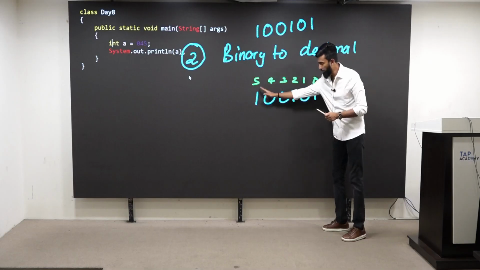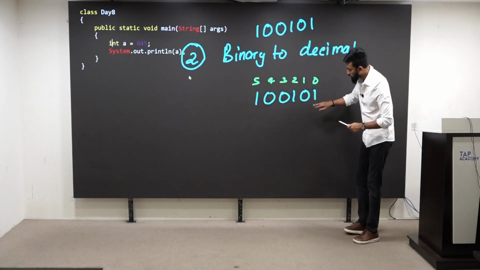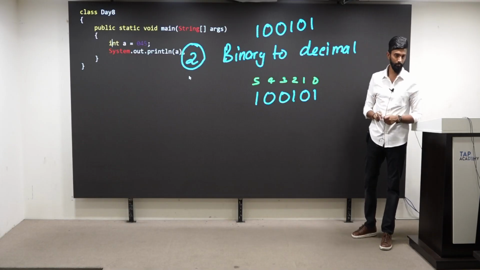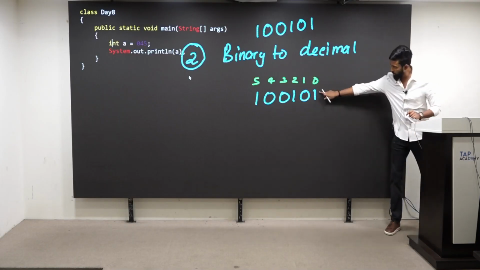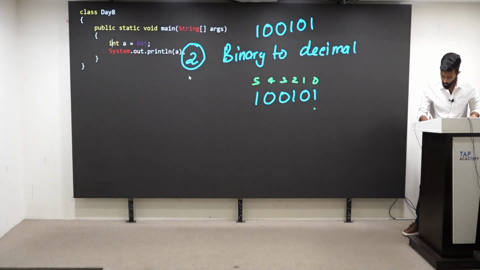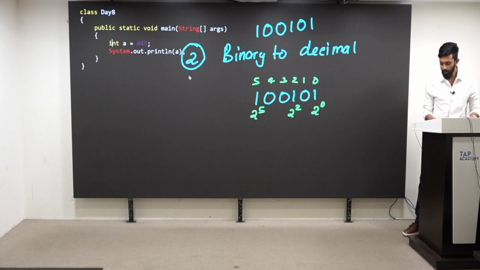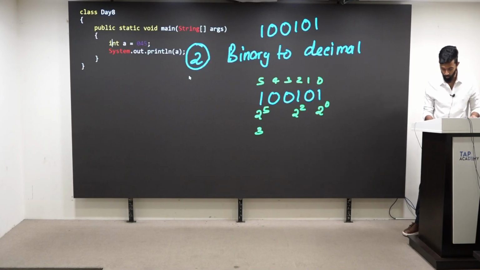Wherever the bit is 1, take 2 raised to the power of its position. Example, bit is 1 here. What should you do, sir? 2 raised to the power 0. Bit is 1 here, 2 raised to the power 2. Bit is 1 here, 2 raised to the power 5. Tell me what is 2 raised to the power 5? 32. 2 squared is 4. 2 raised to the power 0? 1. Please add it up. What is 32 plus 5? 37.